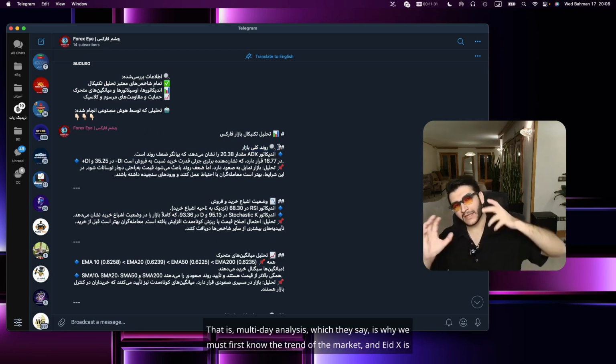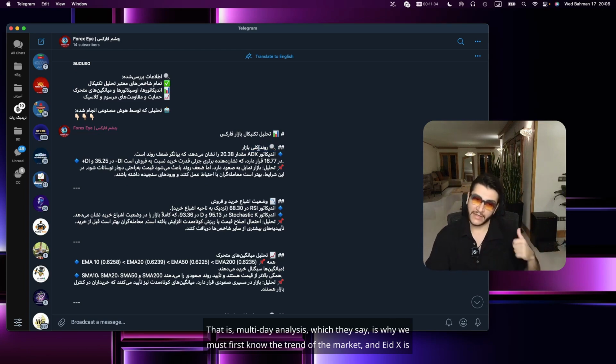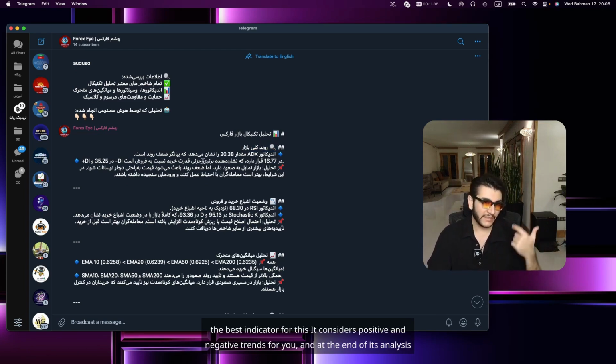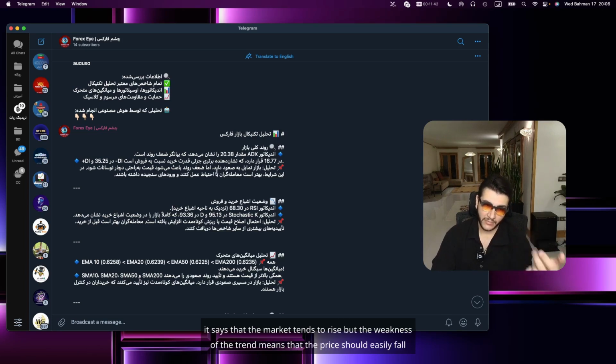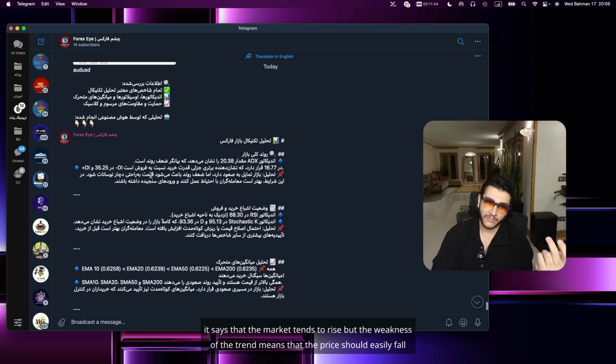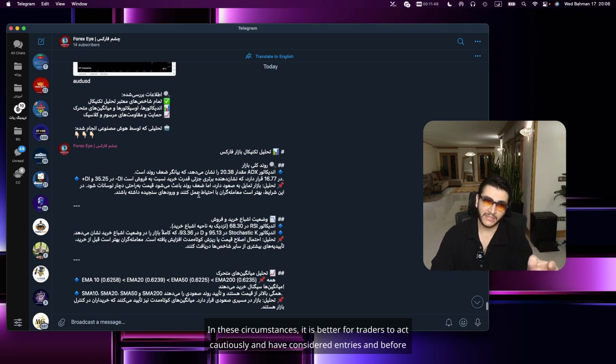That is, multi-day analysis, which says that we must first know the trend of the market, and ADX is the best indicator for this. It considers positive and negative trends for you, and at the end of its analysis, it says that the market tends to rise. But the weakness of the trend means that the price could easily fall. In these circumstances, it is better for traders to act cautiously and have considered entries.